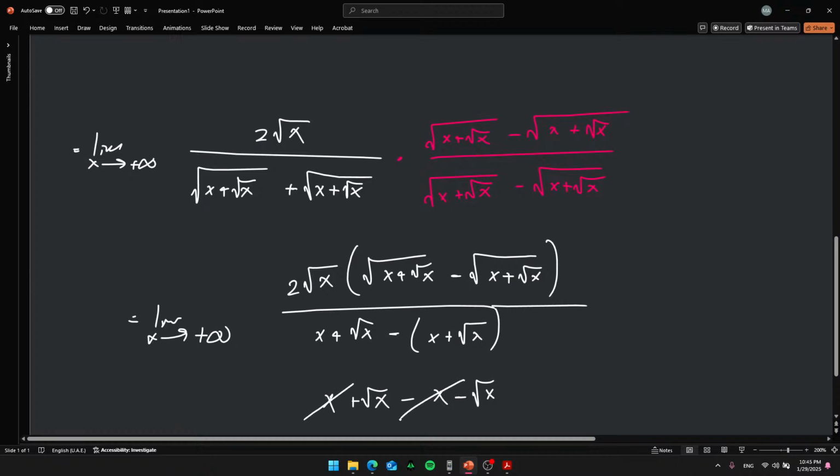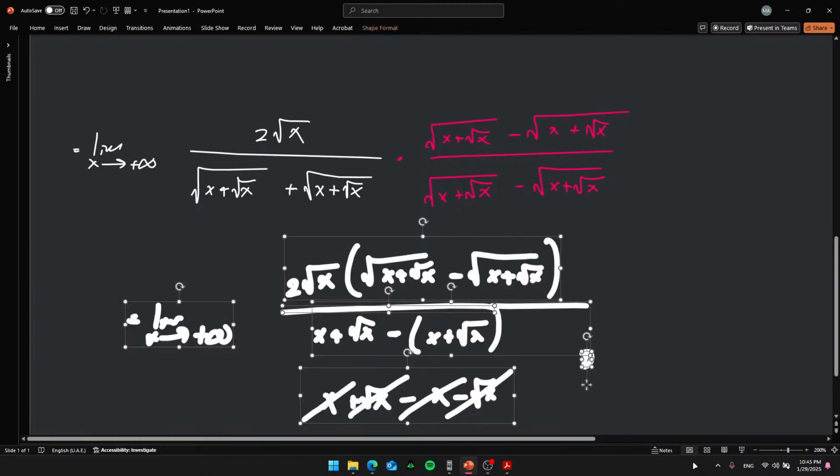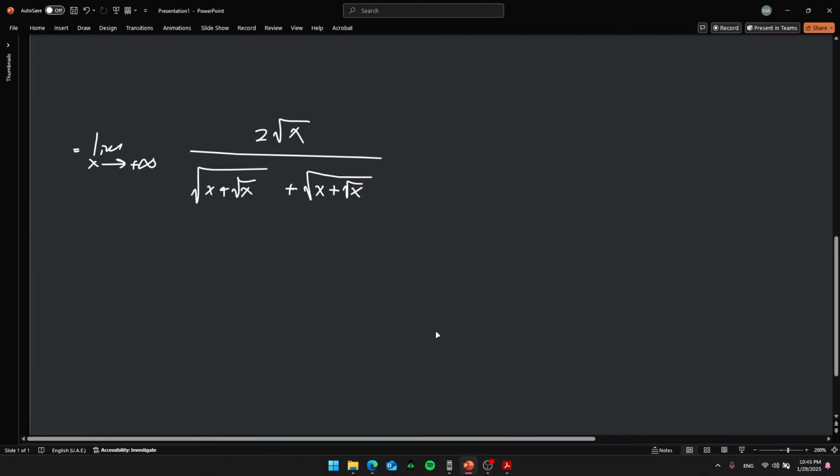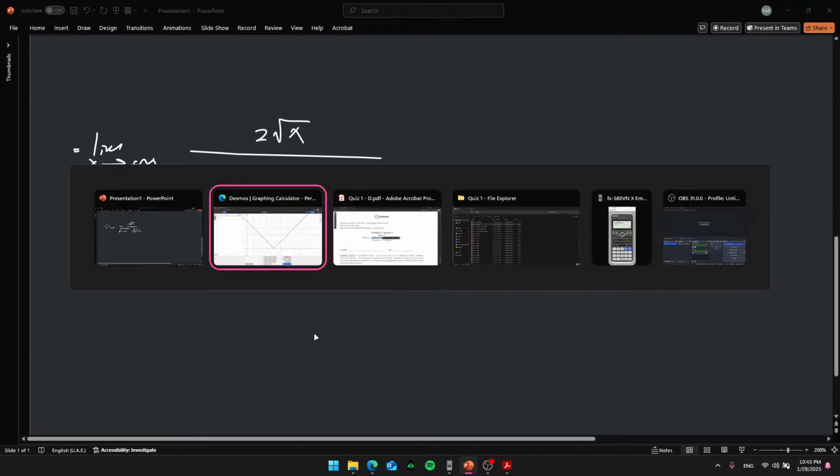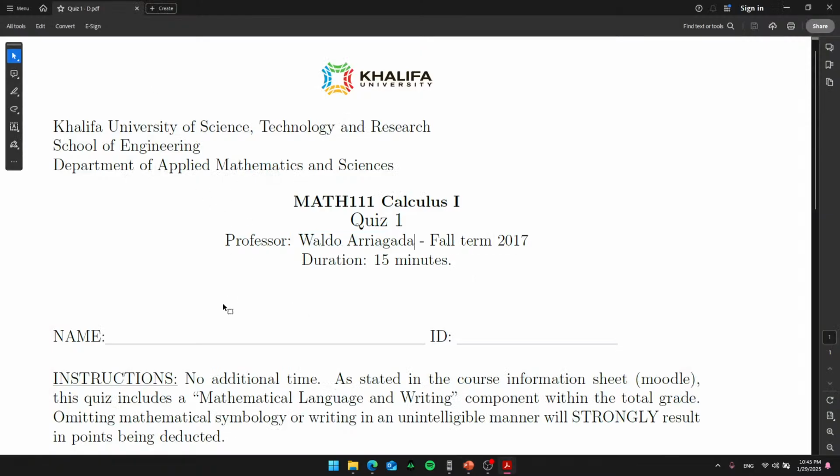So x minus x and root x minus root x. Bruh, you'll get a 0 in the denominator. You can't get that. You can multiply by the conjugate. Let's see how he solved it. Well, you get infinity over infinity. Let's see, wallah.